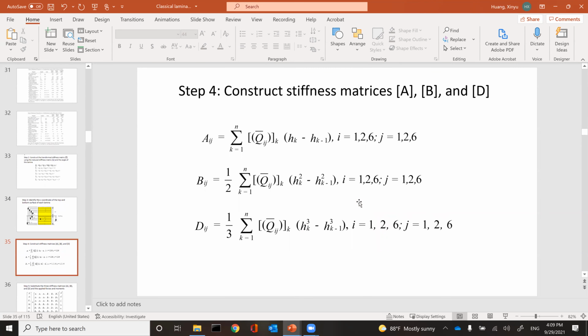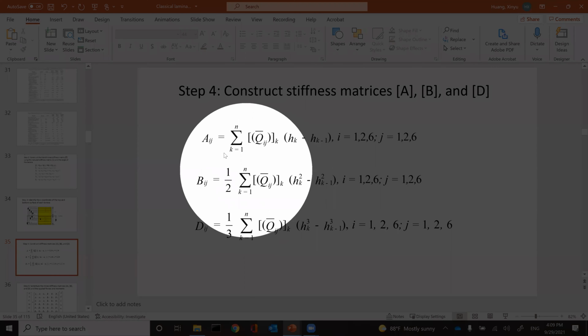This is the formula for A, B, and D. It looks pretty scary, but really it's just multiplying the matrix by a scalar and then summing them up. So that's it basically. It's not rocket science.